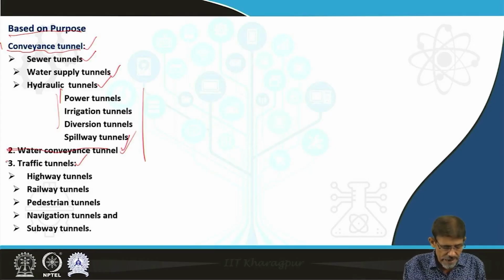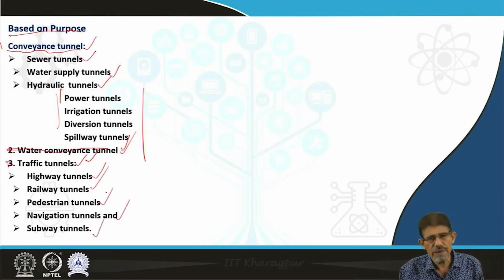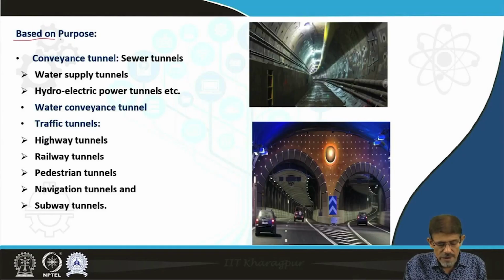The traffic tunnel includes highway tunnel, railway tunnel, pedestrian tunnel, navigation tunnel and the subway tunnel, concerned with social traffic. As we have already discussed, based on purposes, the conveyance tunnels we have already elaborated.